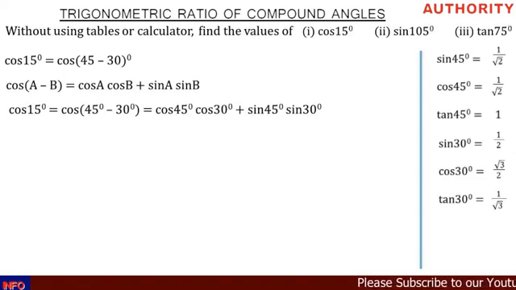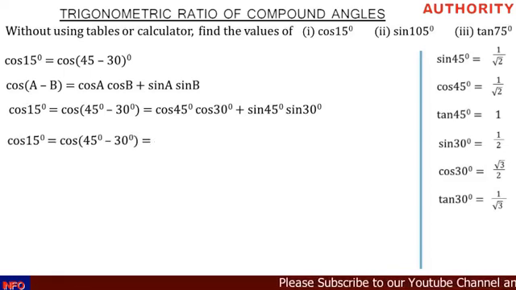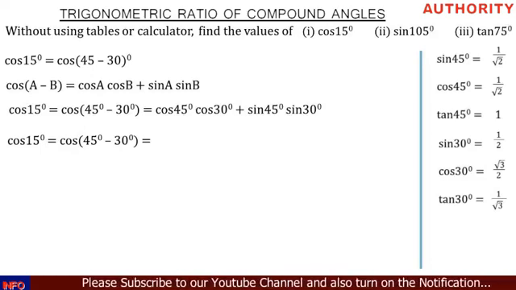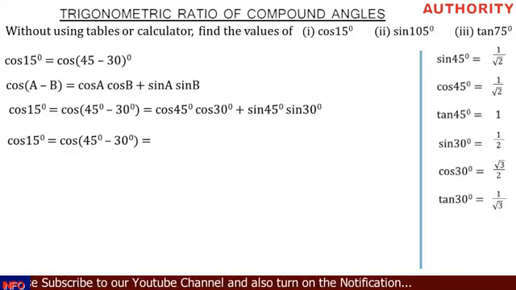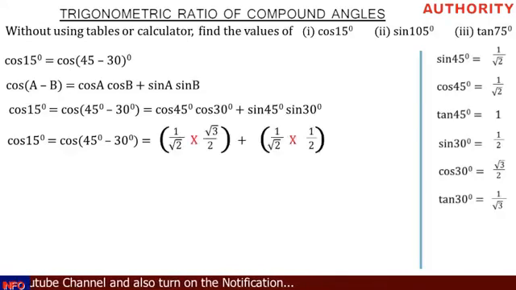Now let's fix them. So we're going to say that cos 15 degrees is equal to cos(45 degrees minus 30 degrees), which is equal to cos 45 degrees cos 30 degrees plus sine 45 degrees sine 30 degrees. So we have our cos 45 degrees to be 1 all over root 2.